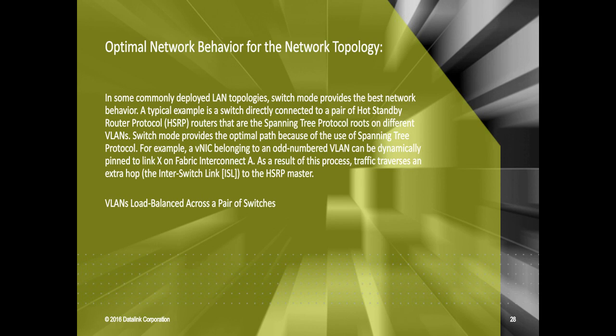For example, a VNIC belonging to an odd-numbered VLAN can be dynamically pinned to link X on Fabric Interconnect A. So as a result of this process, traffic traverses an extra hop, which is the inter-switch link, the ISL, to the HSRP master. And of course, you've got your VLANs load balanced across a pair of switches.